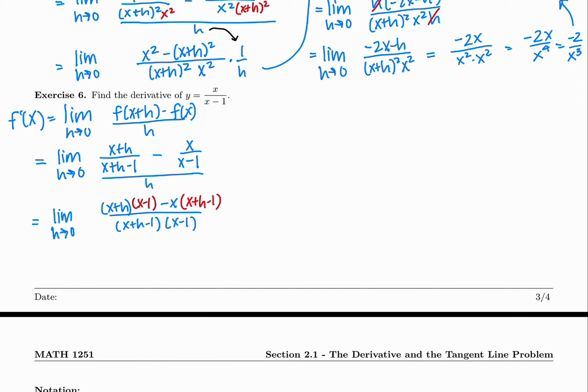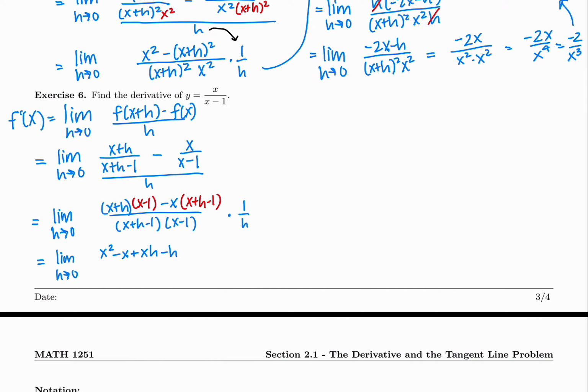And this is all over h, which, remember our little shortcut, is just multiply times 1 over h, so you don't have such a big mess going on with your fractions. Unless you like the big mess of a fraction, that's fine too. Limit as h approaches 0. I've got some FOILing to do now, so pause real quick and do all the multiplying out, then come back and check and make sure you're getting the same thing I am. So this is x squared minus x plus xh minus h.